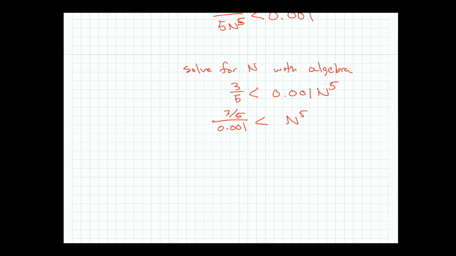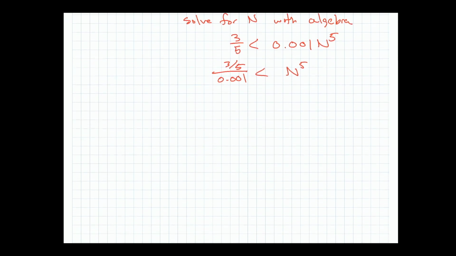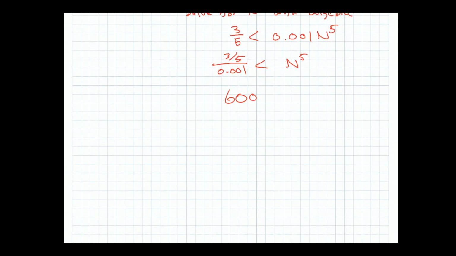Do 3/5 over 0.001 on the calculator and you get 600. That's not that big. To solve for n, you need the 5th root, or the 1/5 power. 600 to the 1/5 is 3.5944.